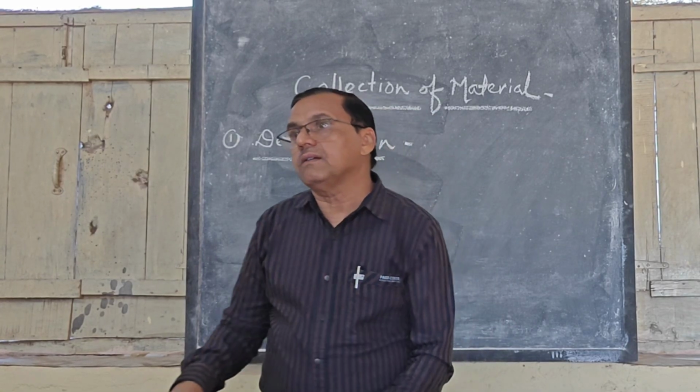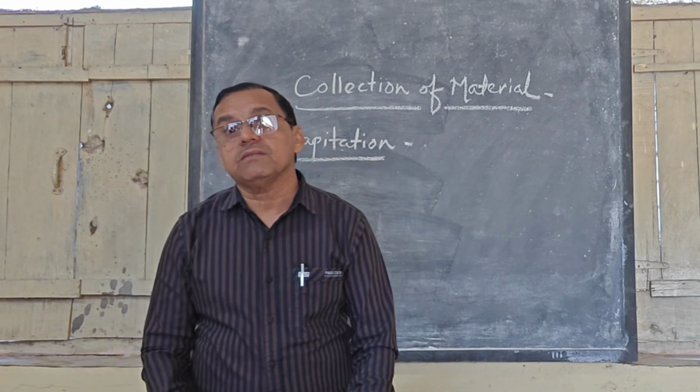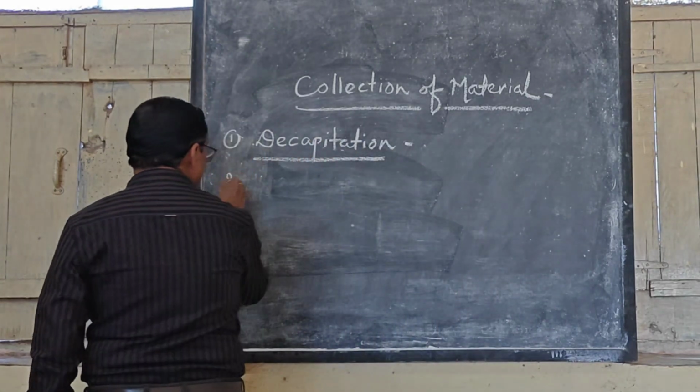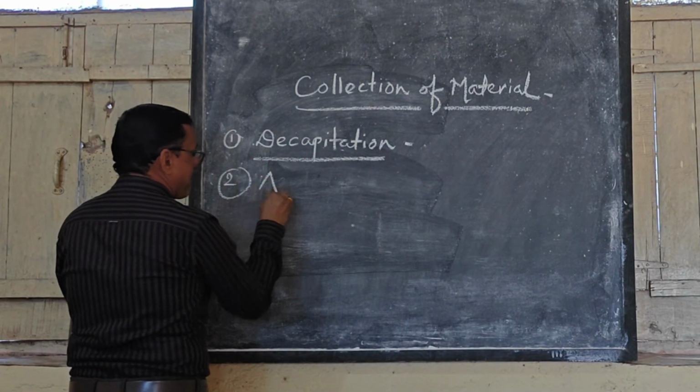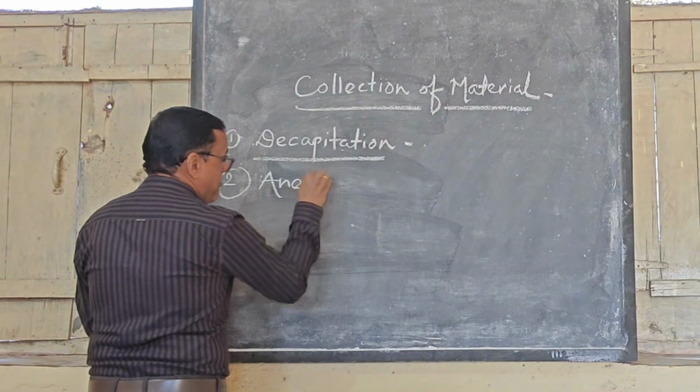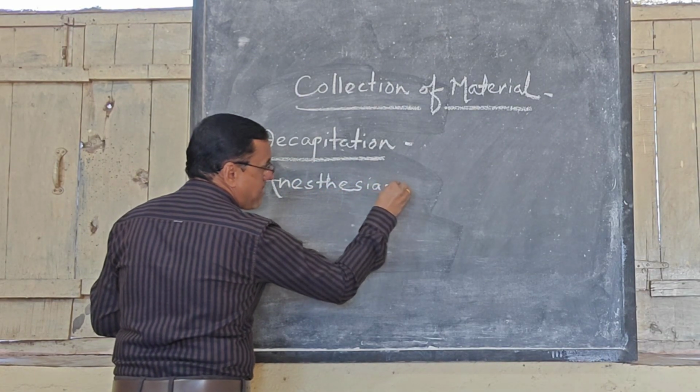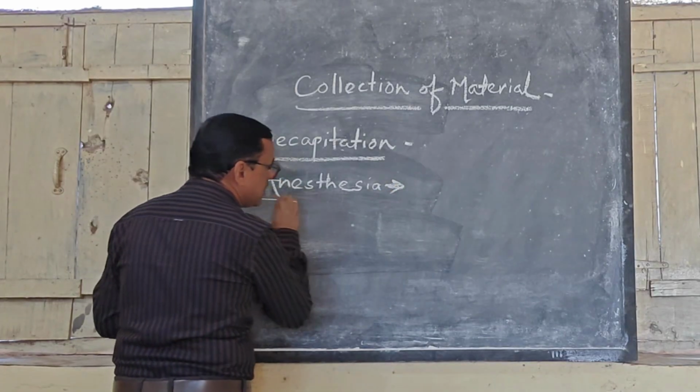The second method of killing is anesthesia. What is anesthesia?